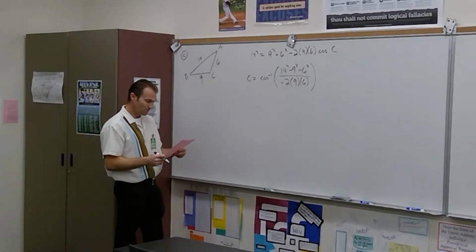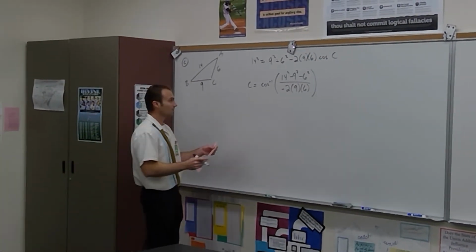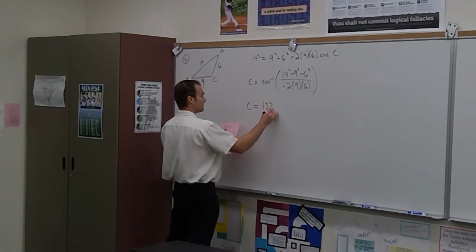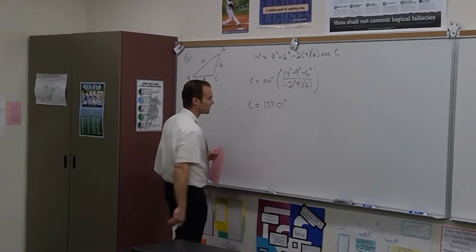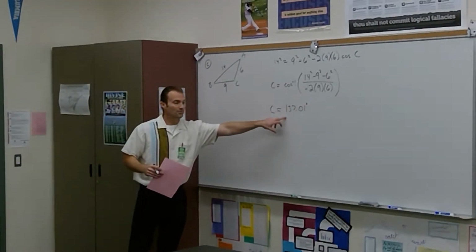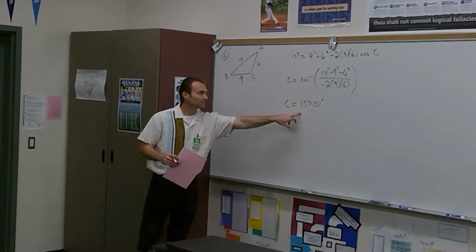Calculator time, we should find angle C approximately 137.01 degrees. Okay, and I purposefully again chose to find that angle first because that's my obtuse angle.